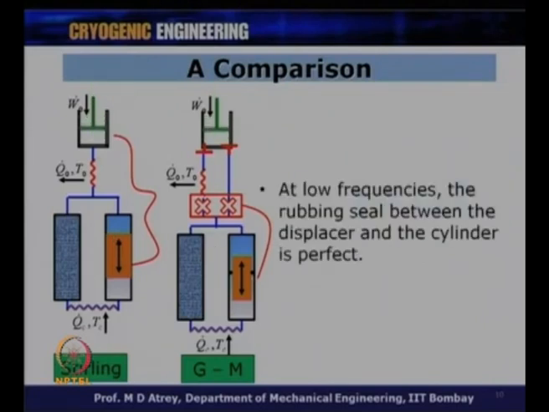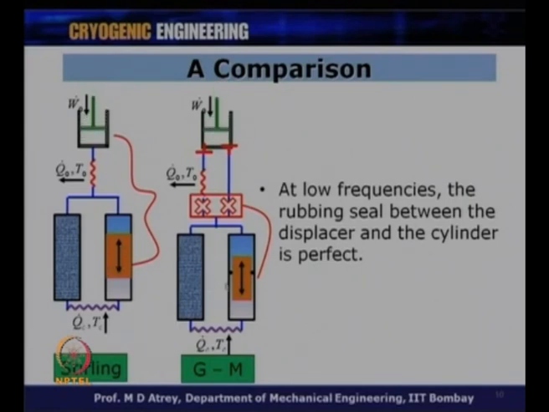Here you can see, because this works at a low frequency, the sealing works very fine, while a seal will be absent in a Stirling cooler because it moves very fast. This sealing is a kind of rubbing seal across the cylinder, and therefore, at low frequency this seal could remain perfect, while at high frequency it will never remain perfect because it is a rubbing seal.